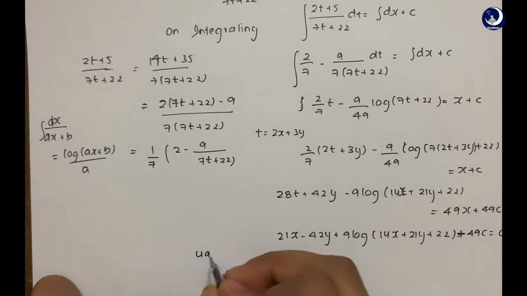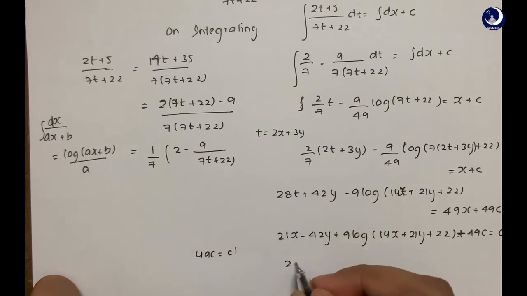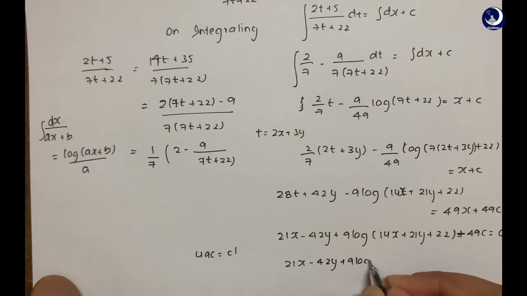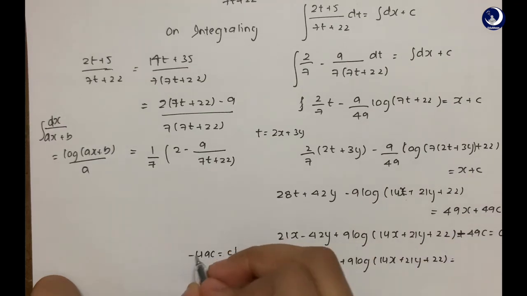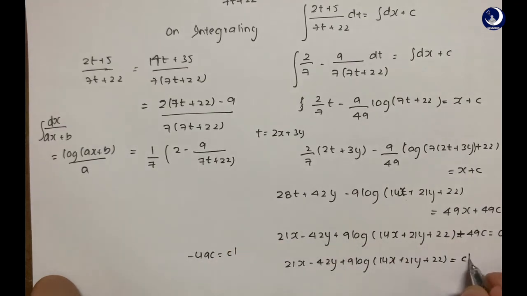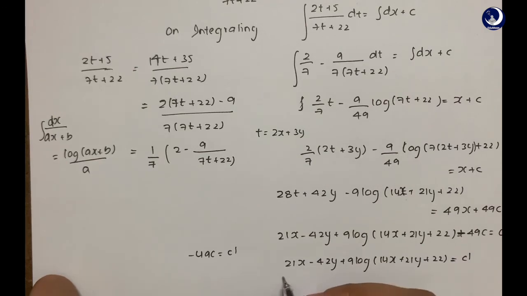Let 49 c is equal to c dash. This is the required solution.